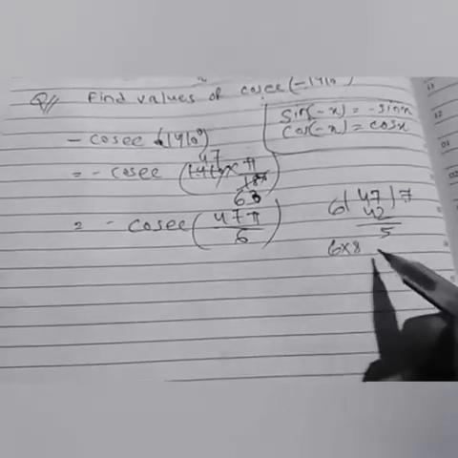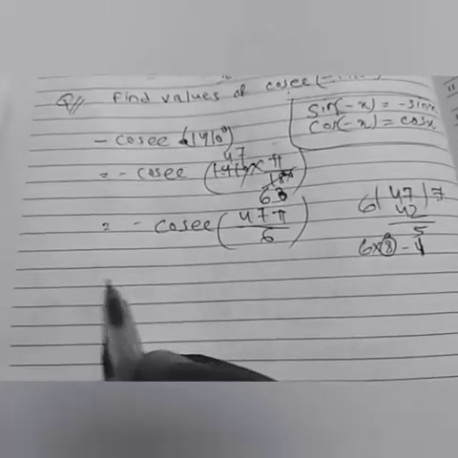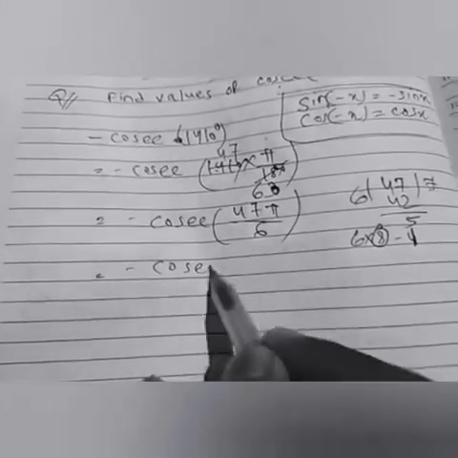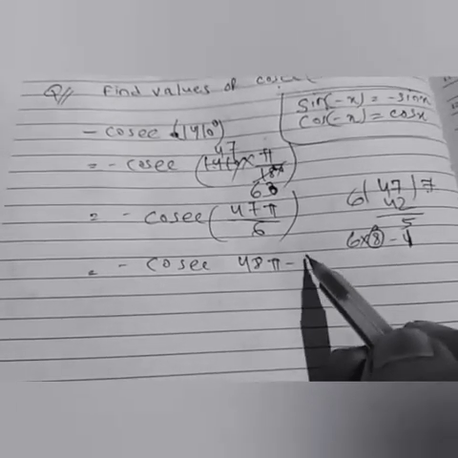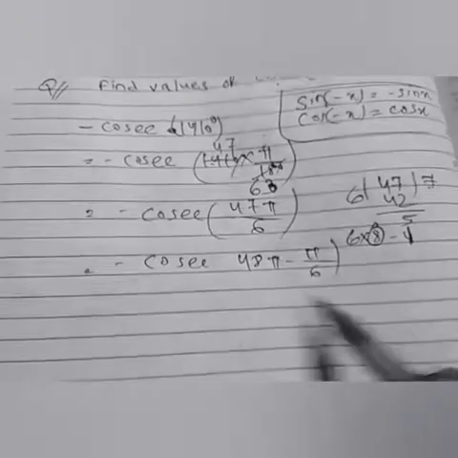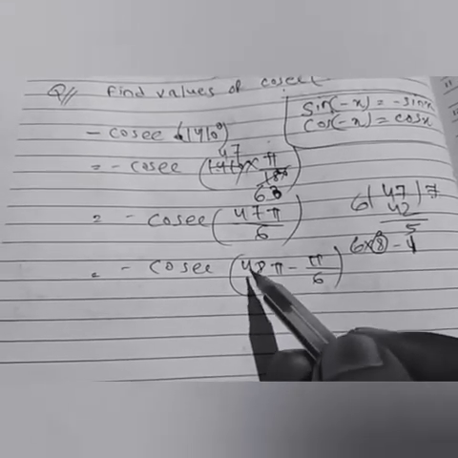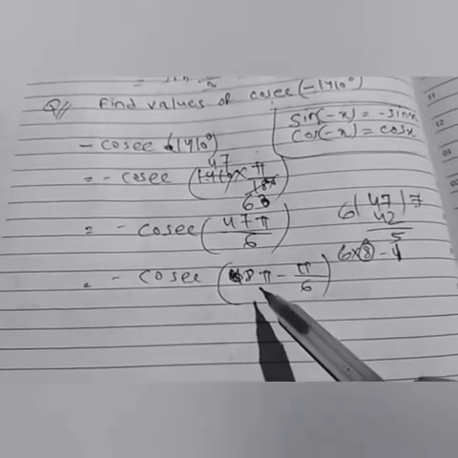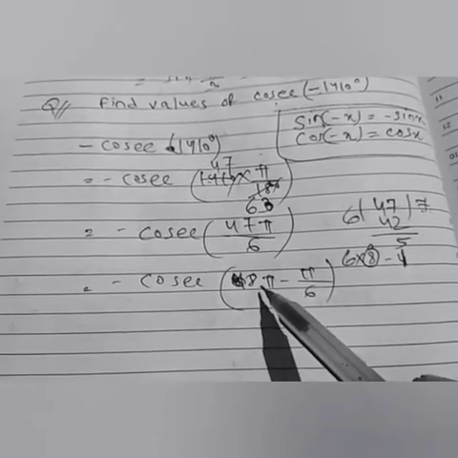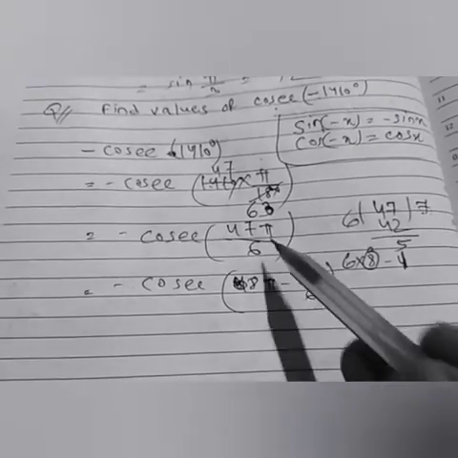So 6 into 8 minus 1, and 8π is a multiple of 2π. So we can write cosec of 48π/6 minus π/6. 8π is the multiple of 2π.